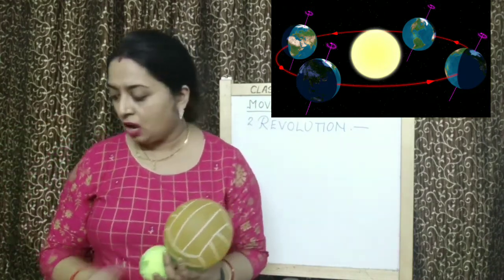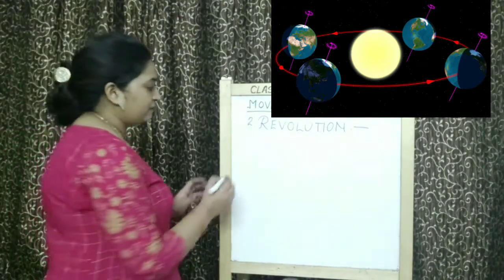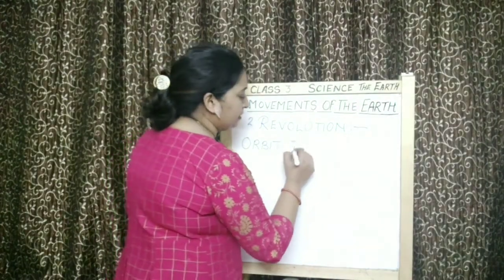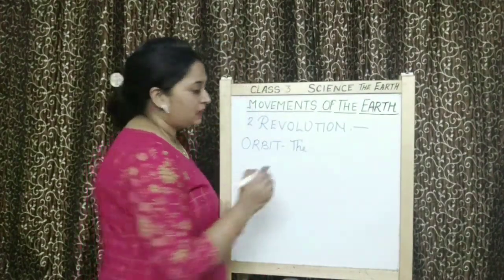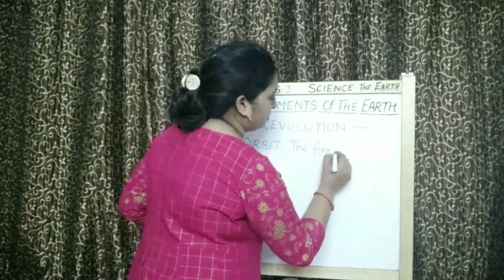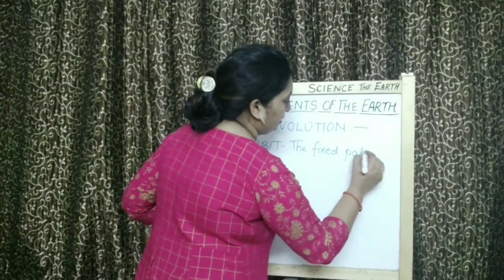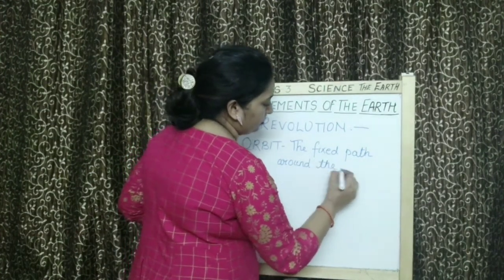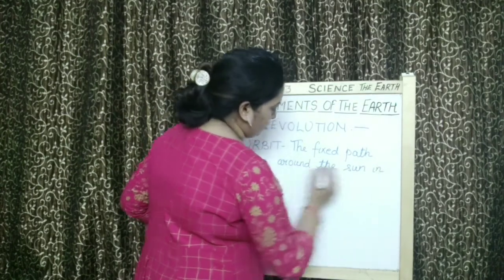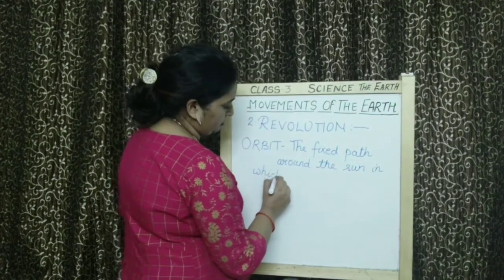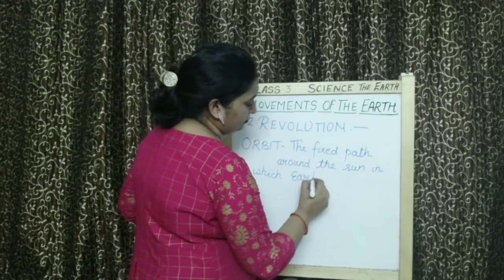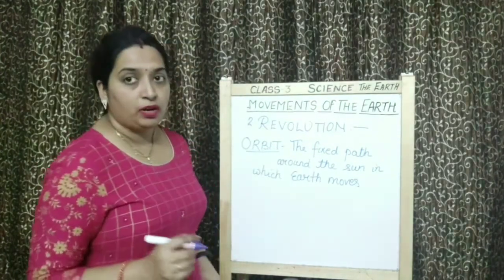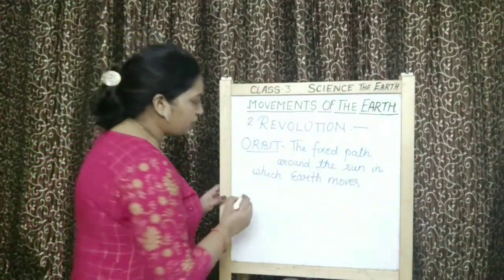Okay children, now I will write the definition. It will make you clear what is orbit. Orbit is the fixed path around the sun in which earth moves. Okay children, and what is revolution?